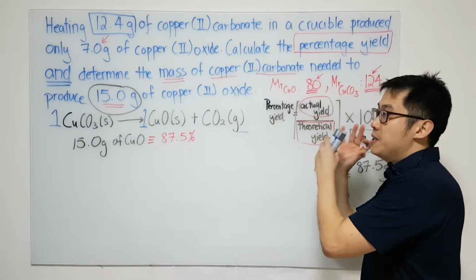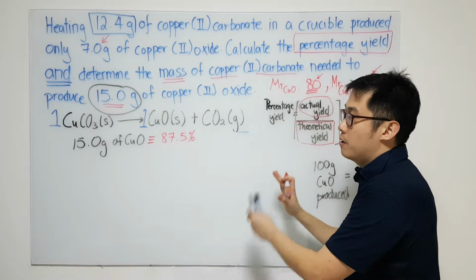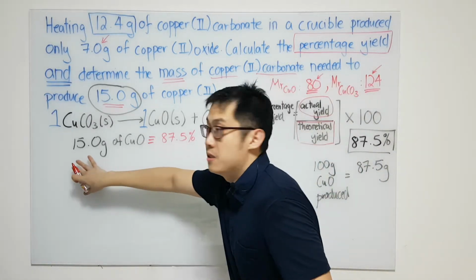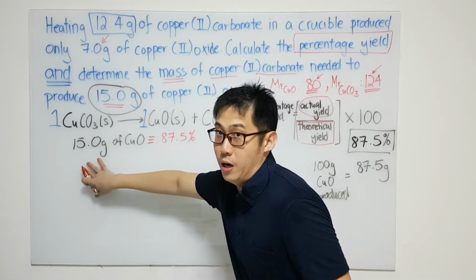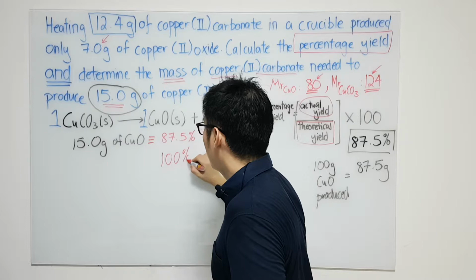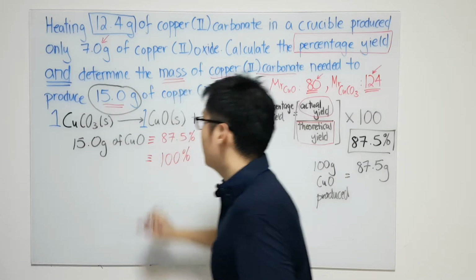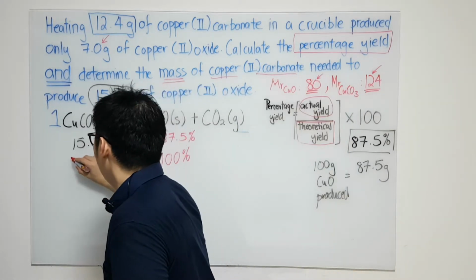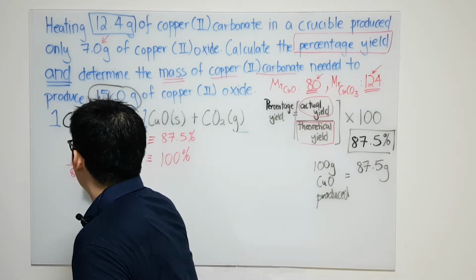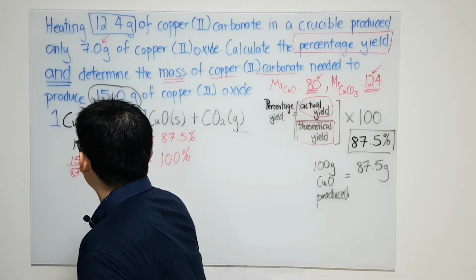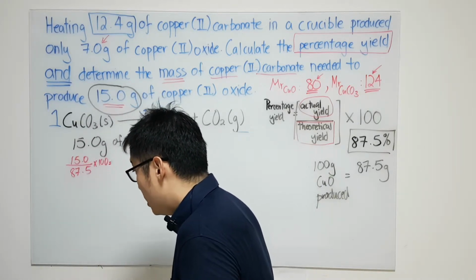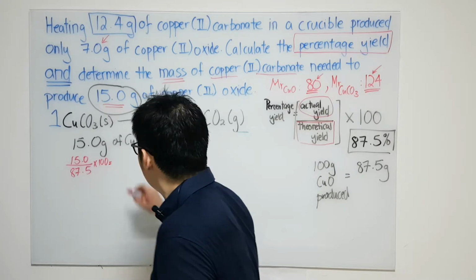Because what happened is for a certain amount of copper oxide that you obtain, 87.5% of it will give us 15.0 grams. So what is then the 100%? 100% will correspond to 15.0 divided by 87.5 times 100.